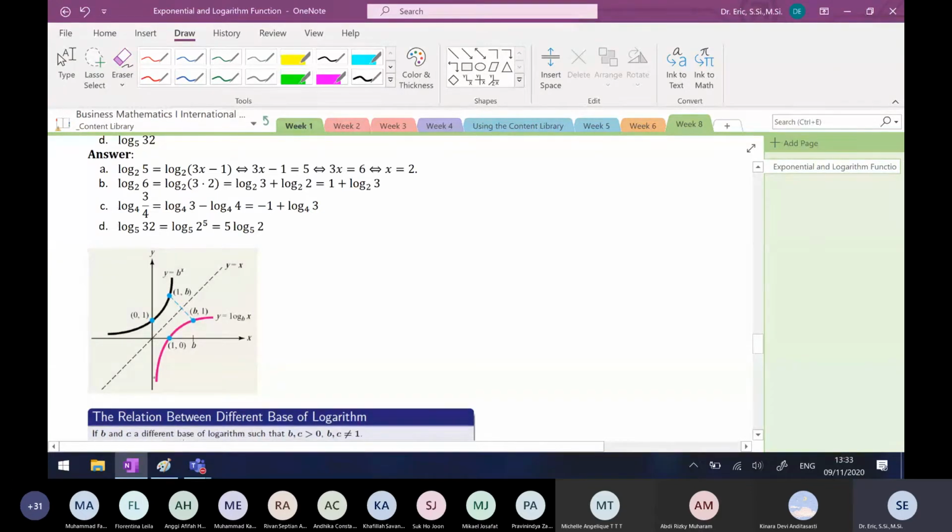It will go to minus infinity if x goes to 0 from the positive side. It is not defined for x negative. It is only defined for x positive. It is not defined at x equals 0. Why? Because this is just reflecting this with respect to y equals x. So I have this as my logarithm x with the base b.